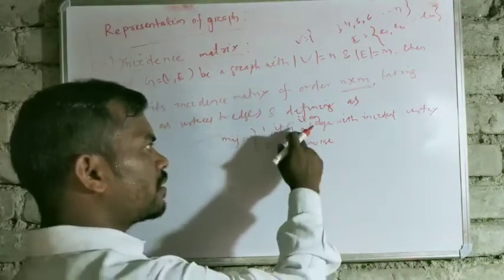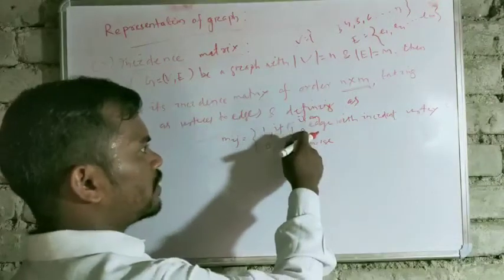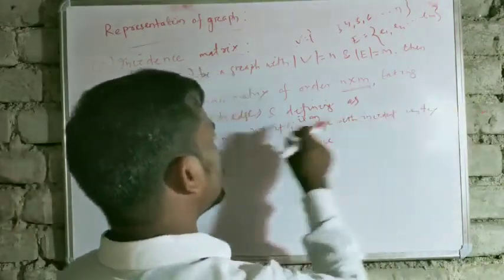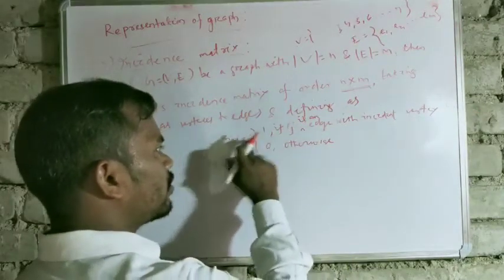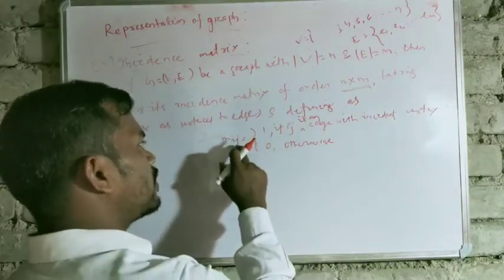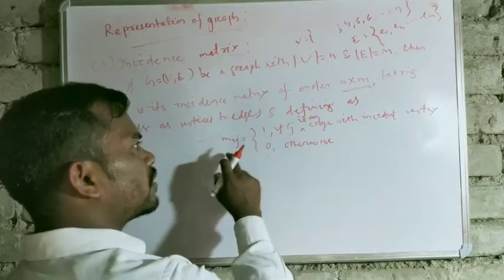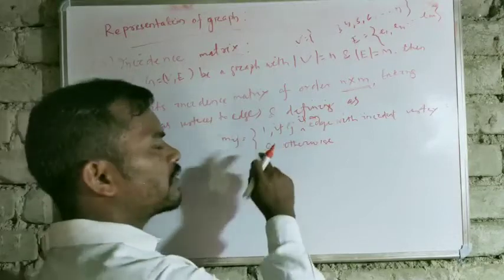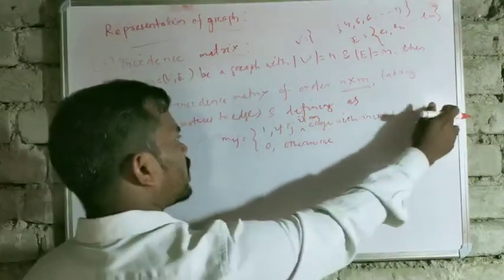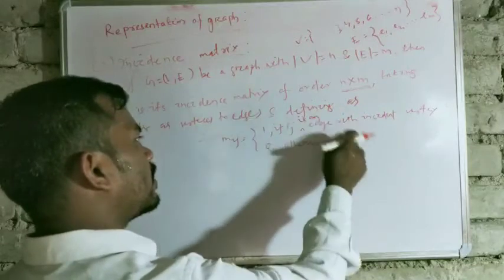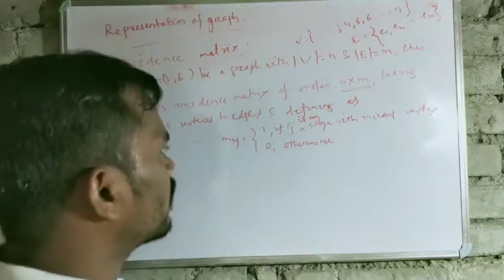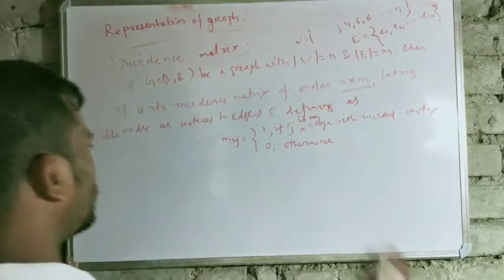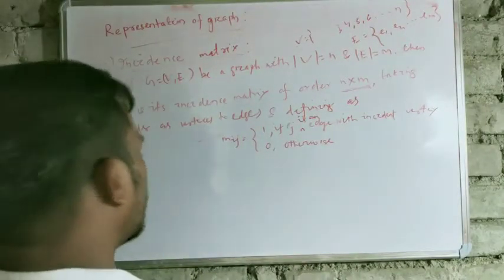That means if there is an edge Ej whose incident vertex is i, the entry will be 1. If i is not an incident point of Ej, then this will be 0. Now we will do a problem so that it will be clearly understood.